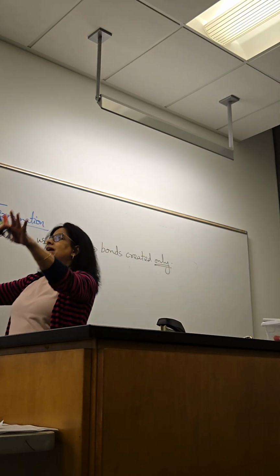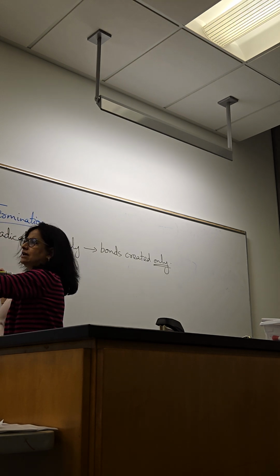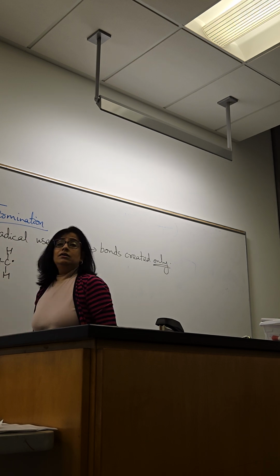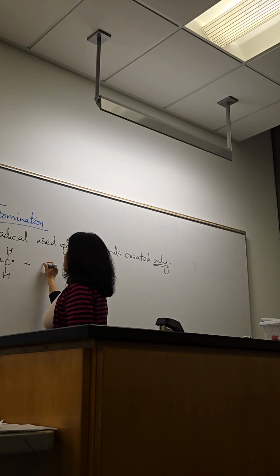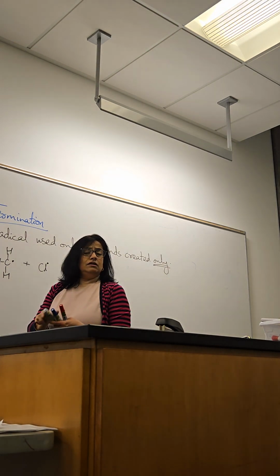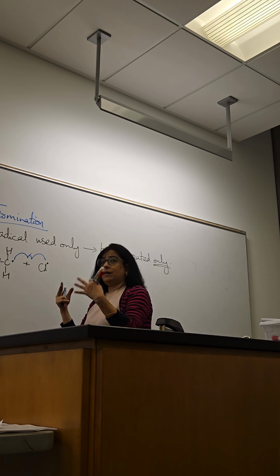So, whatever radicals exist in this whole system, for example, in what I have on the board, maybe a methyl radical, everything is floating around, remember? Maybe a methyl radical came in contact with a chlorine radical. Of course, there's an electron, so they will pair.